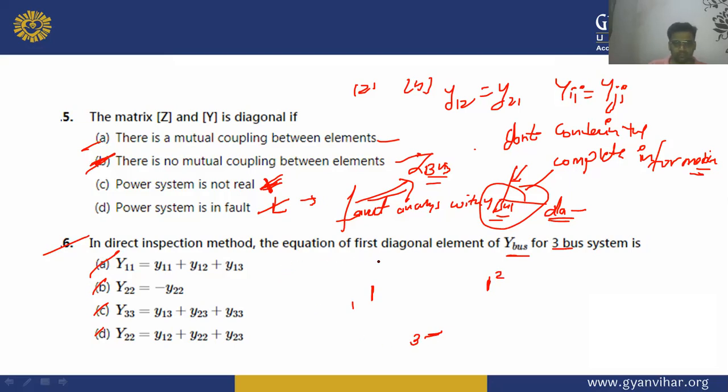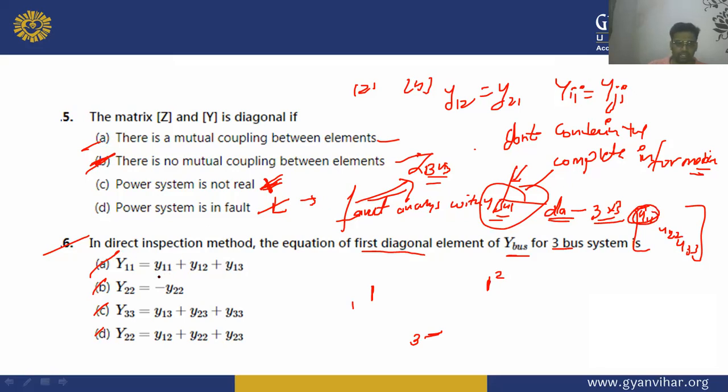Now it is asking the first diagonal element. Obviously, when we are dealing with the Y bus matrix of 3 buses, then it will be a 3 cross 3 matrix. The first element would be Y11, second would be Y22, and third would be Y33. Okay, so the first element would be Y11.